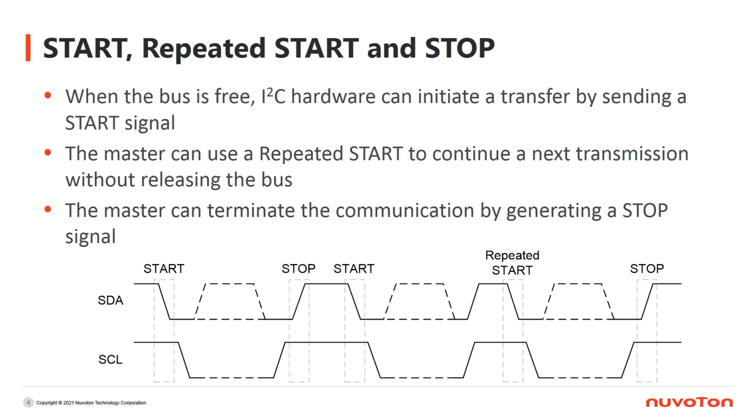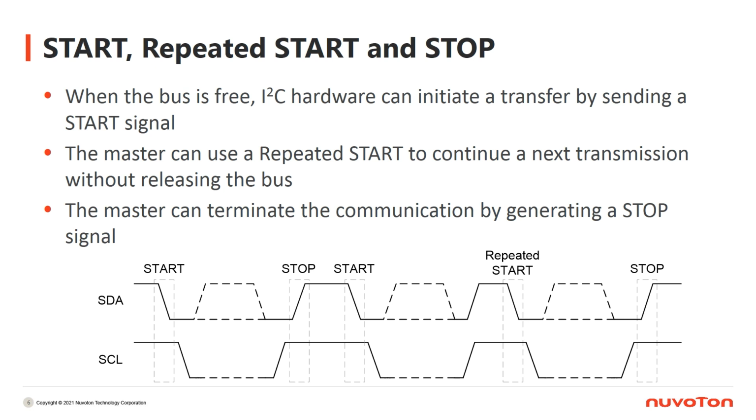When the bus is free, the master can initiate a transfer by sending a start signal. The start signal is SCL keeps high, and SDA goes from high to low. The master can terminate a communication by generating a stop signal. The stop signal is SCL keeps high, and SDA goes from low to high.